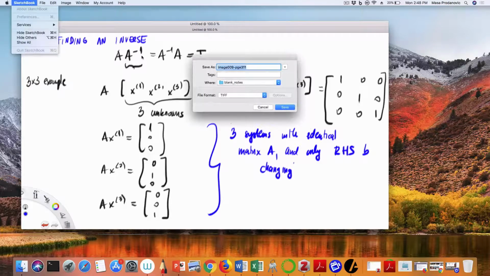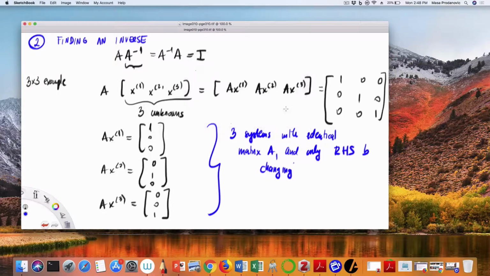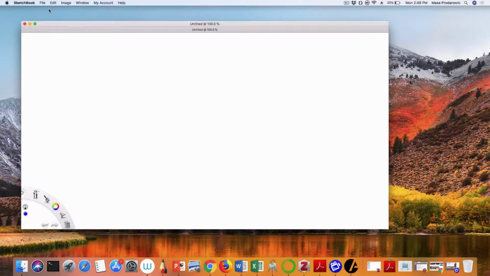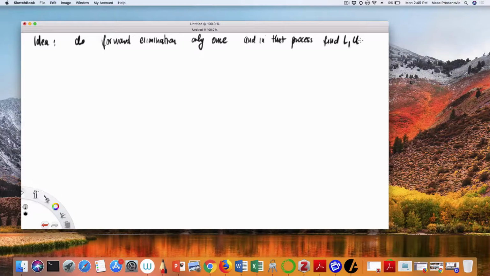So the basic idea: do forward elimination only once, and in that process find L and U such that A is equal to LU.